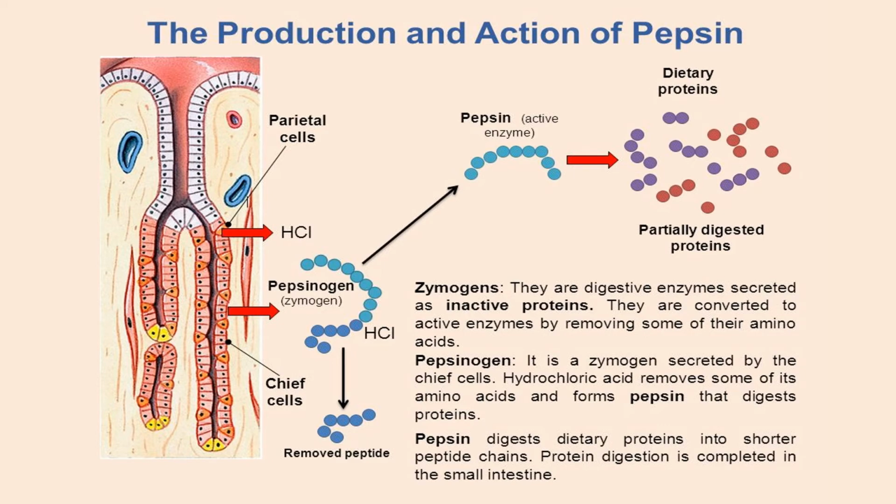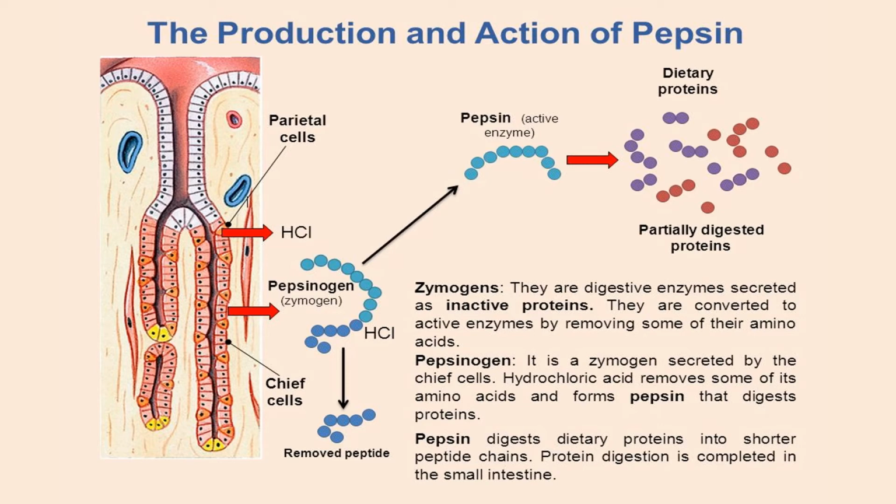Chief cells manufacture pepsin. Well, actually, that's not quite true. They manufacture something called pepsinogen. So pepsinogen is an inactive form of pepsin. It's the pepsin enzyme, but with a short little peptide added to it. So a peptide is just a short polypeptide. This is not quite to scale here.